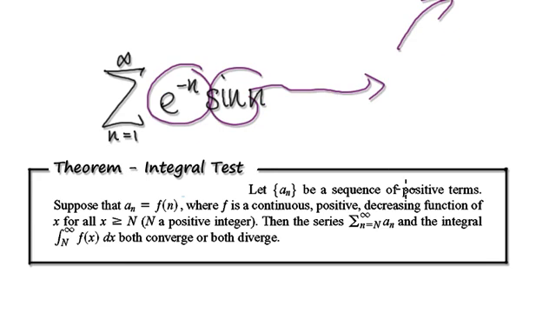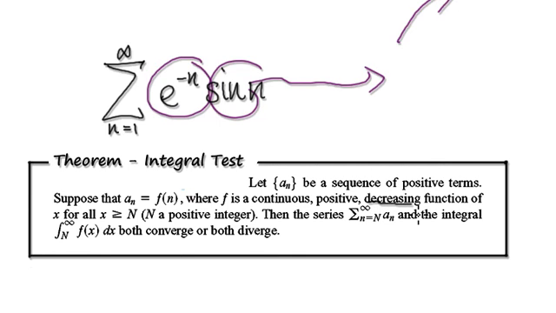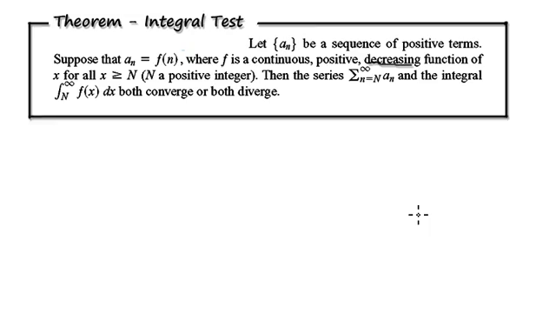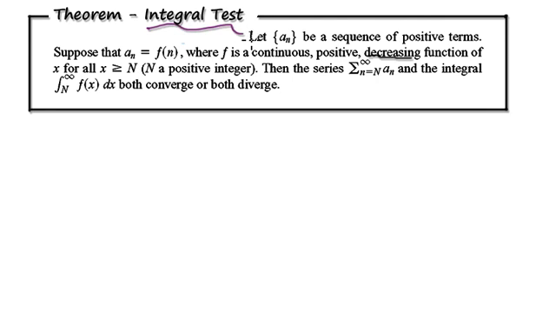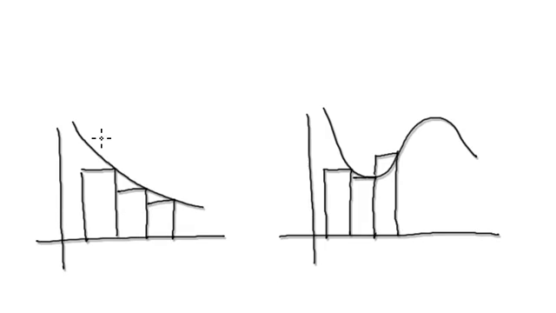And the reason why we demand it to be decreasing is because of this. If you look at the proof for this, we require the function to be decreasing because somewhere in the proof we require the area underneath this function to be larger than these rectangles here.